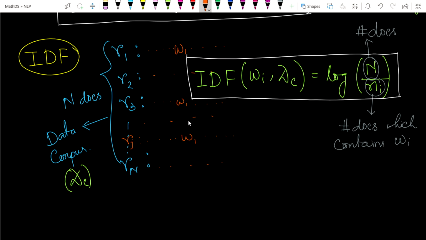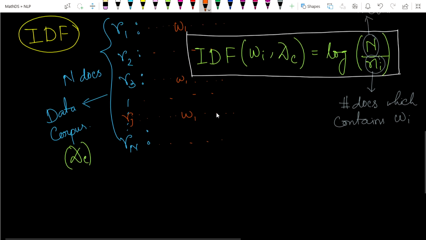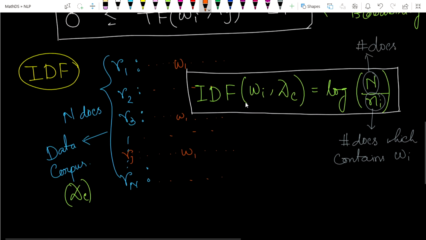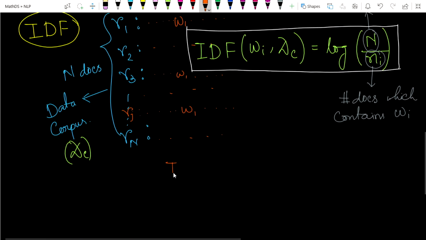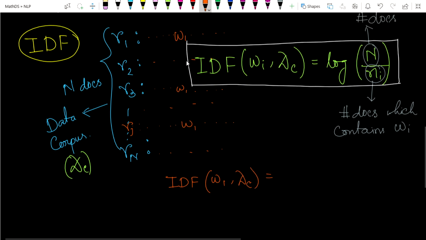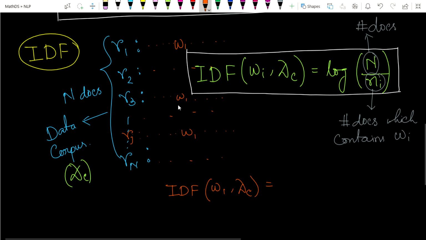So the IDF value for this particular word W1 for the whole data set DC depends on how many times W1 occurs. In the log, first will be the total N, capital N, and how many times does it occur?